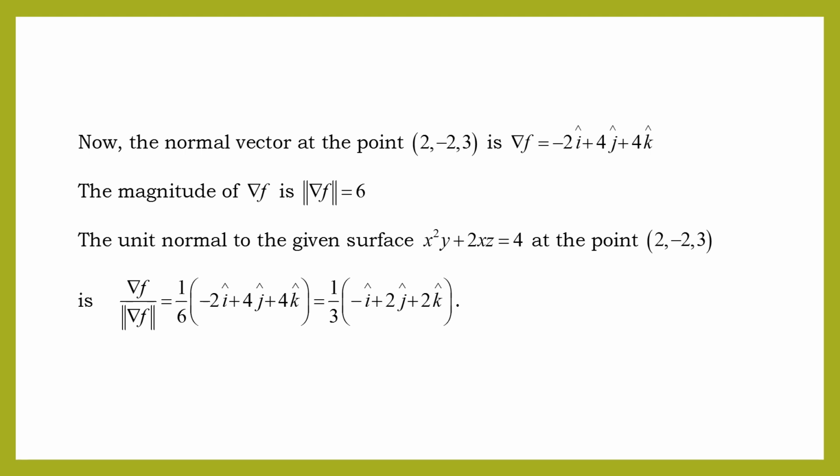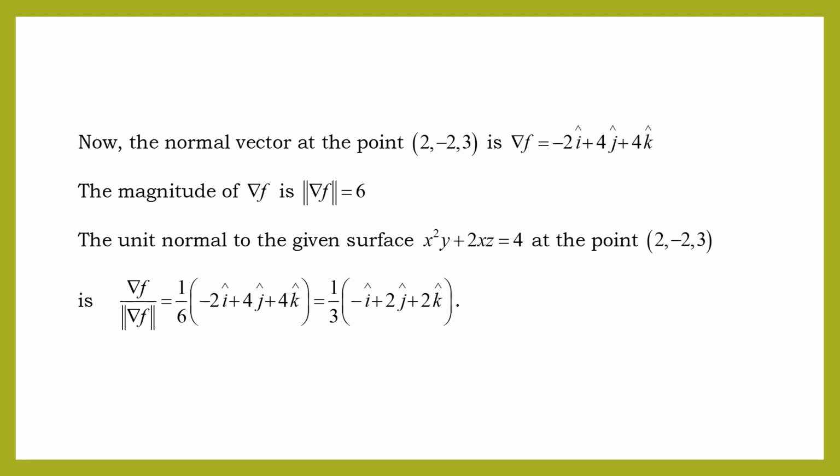First, del f is −2i cap + 4j cap + 4k cap. So, norm del f equals square root of 4 + 16 + 16, which equals square root of 36, that is equal to 6. So, norm del f equals 6.